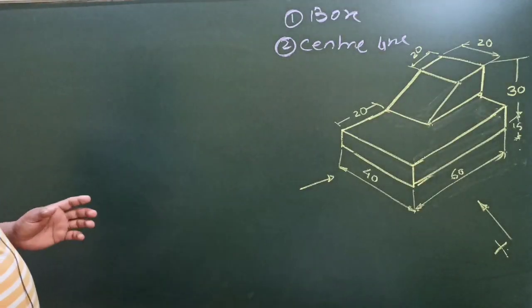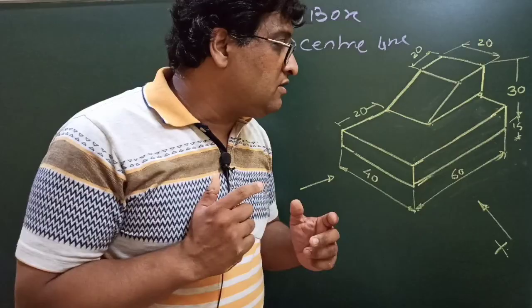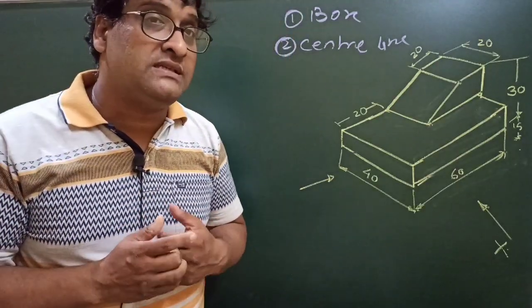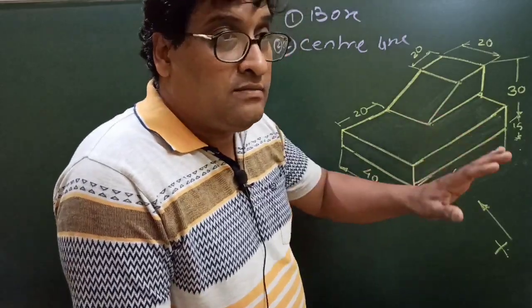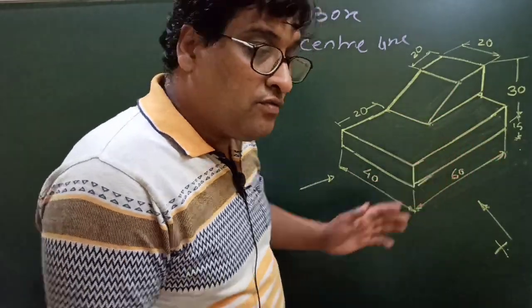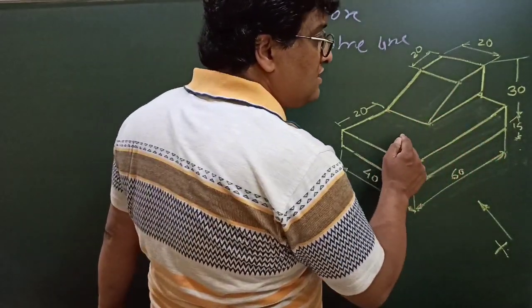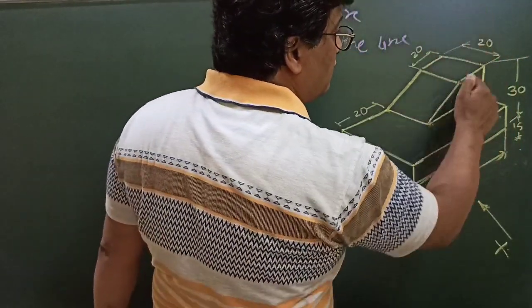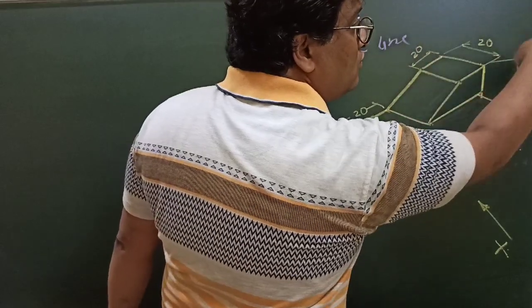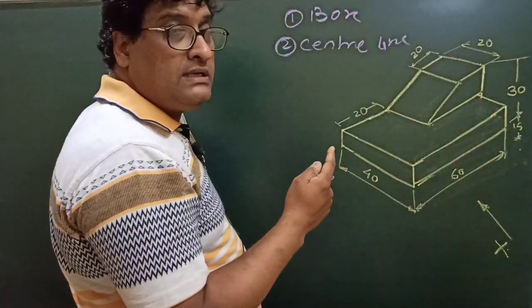You have to remember one thing: leave some space accordingly for drawing the side view beside the front view, because the left side view is going to be drawn on the right of the front view. If you take the front view on this corner, then you will not have space for the right side view.